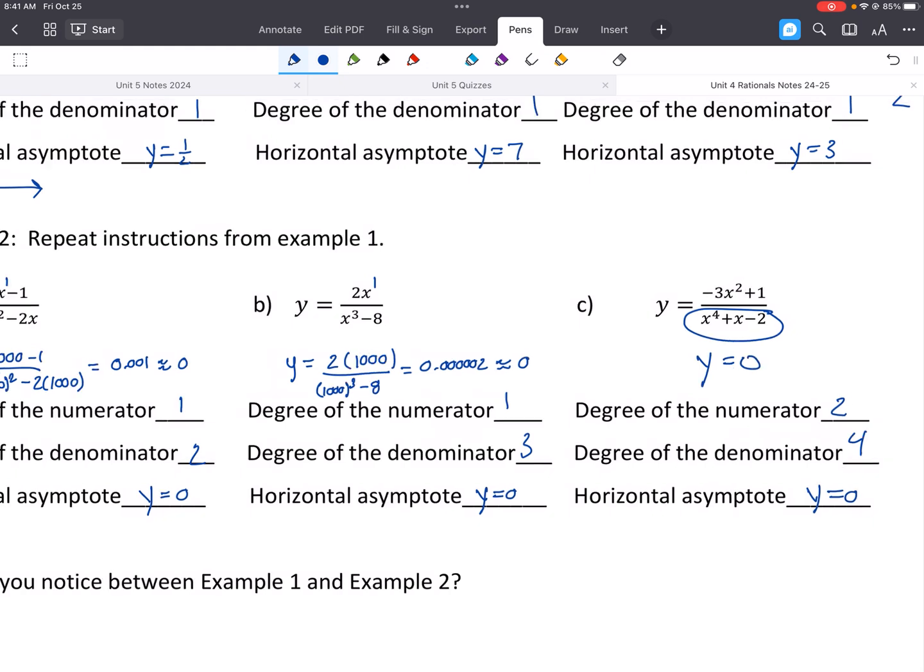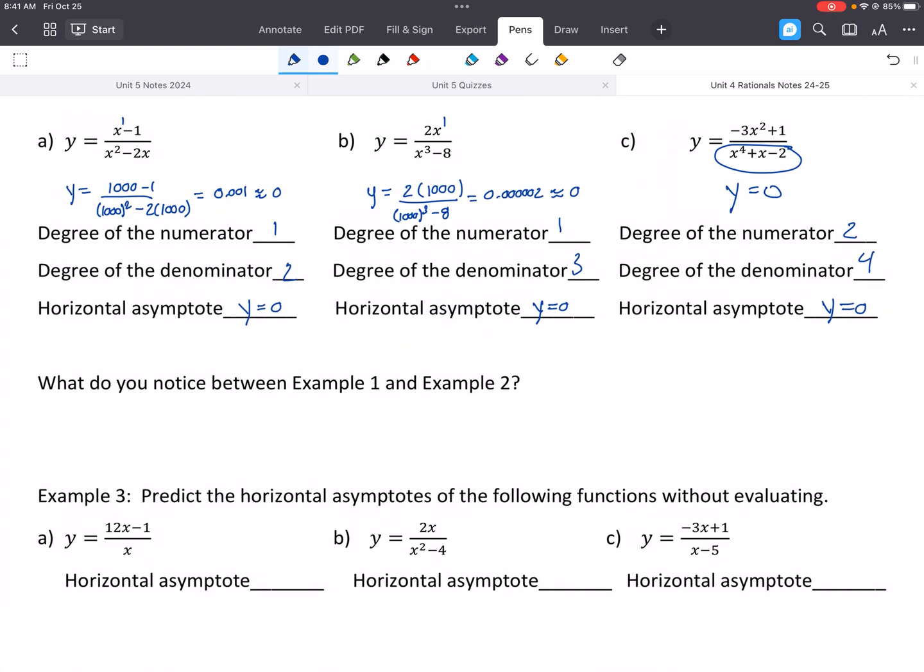Okay, so what do you notice between examples 1 and 2? Again, if the degree of the numerator is equal to the degree of the denominator, then we just look at the coefficients. The leading coefficients give the horizontal asymptote.